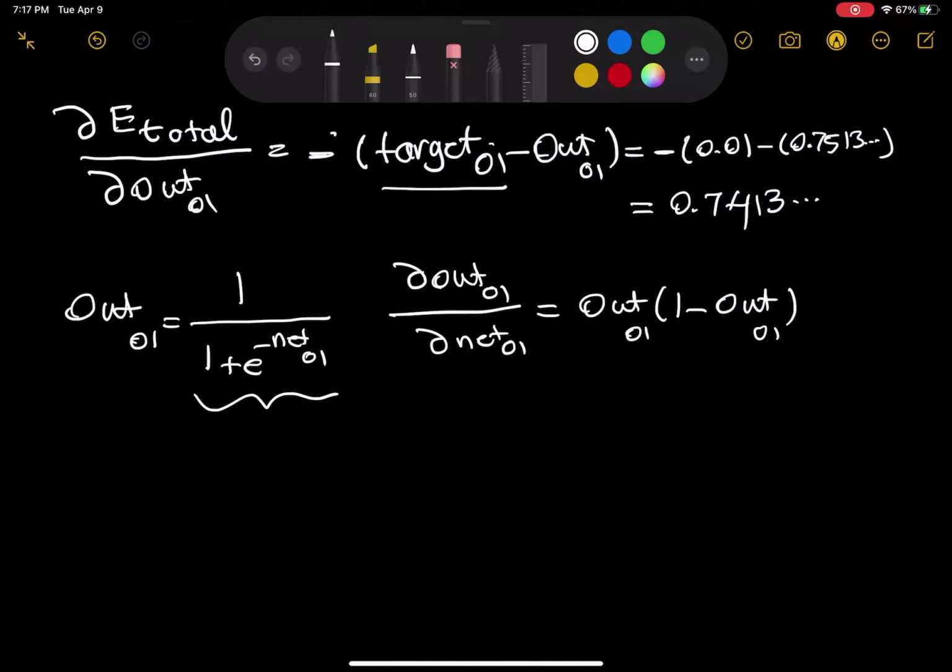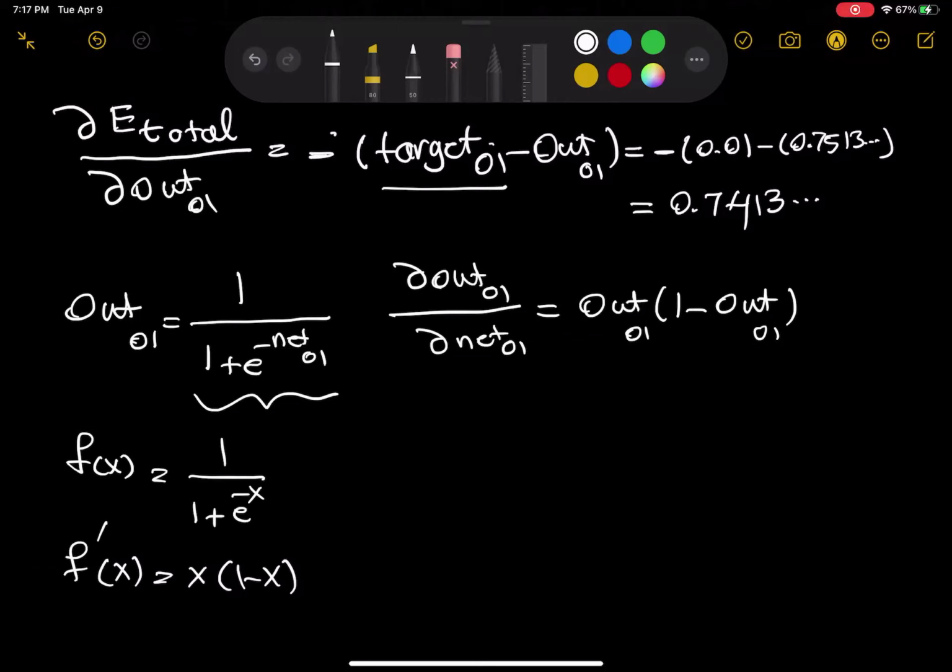This is the derivative. It's not something that you need to memorize. Basically, for any function f of x equal to 1 divided by 1 plus e to the negative x, the f prime with respect to x is equal to f of x times 1 minus f of x. That's the derivative of that.